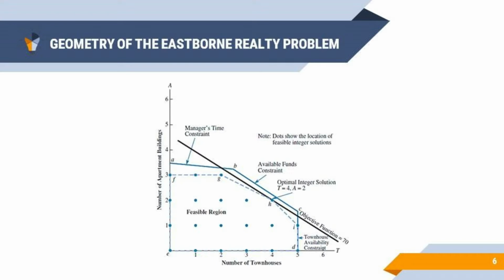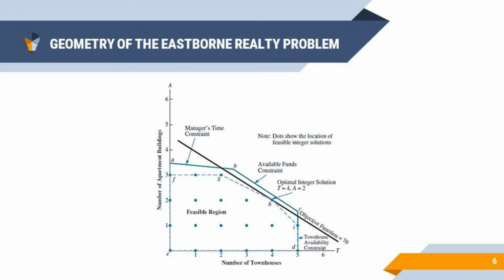The objective function now has not only to pass through the feasible region, it also has to strike one of the whole integer numbers of apartment buildings and townhomes.